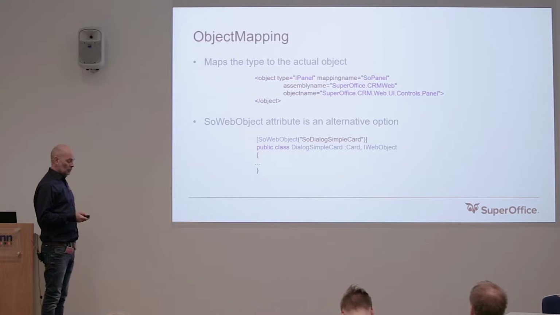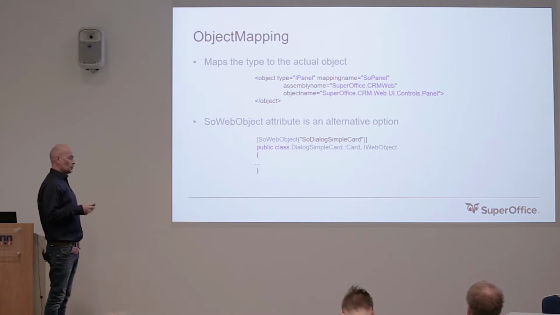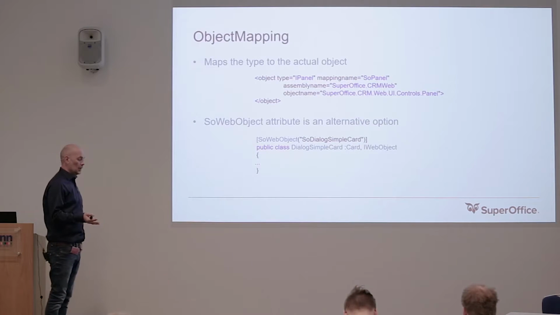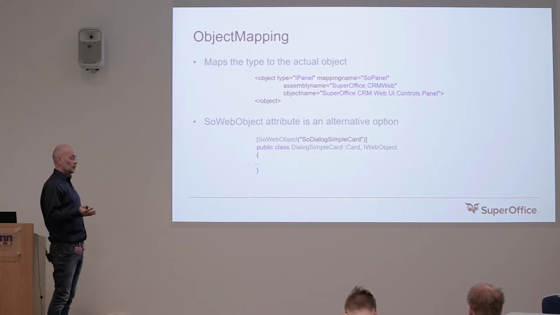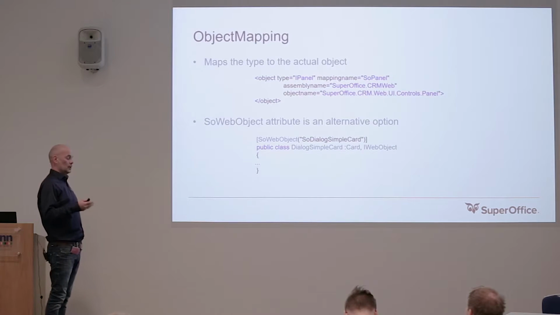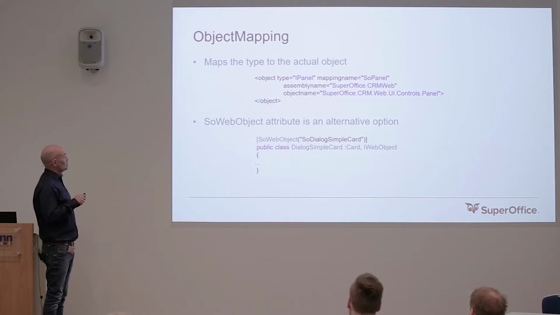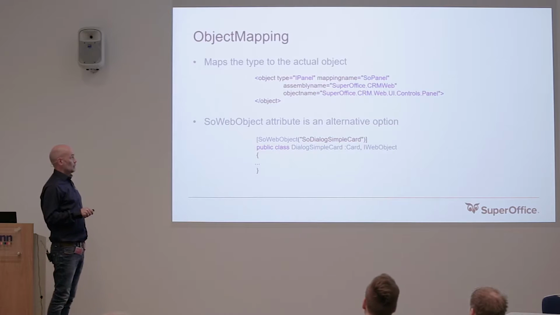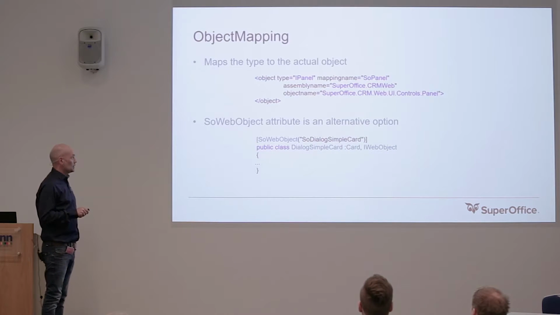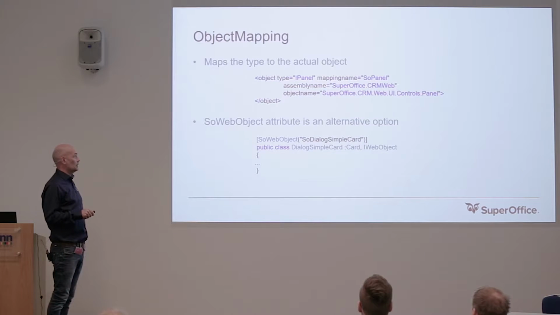Because when you make a page, you don't refer in the configuration directly to an object. You refer to a type, and the type is typically SO panel. And then in this object mapping file, this tells the page framework what SO panel is. It's an object that lives in this assembly.